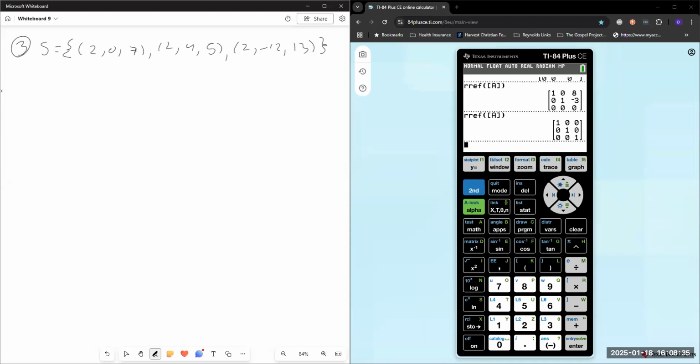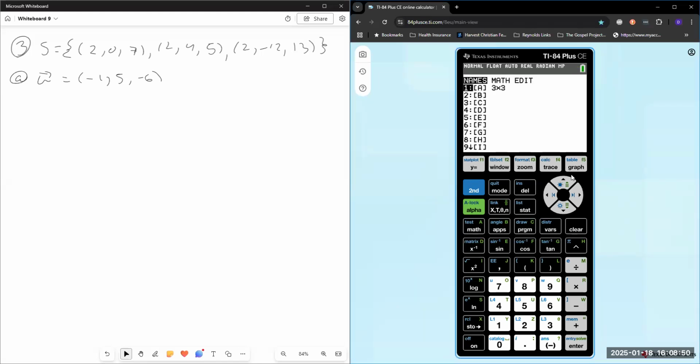So let's start off with A. Part A says U equals (-1, 5, -6). So we'll get a new matrix here, and this is going to be 3 by 4. You go ahead and write the matrix out before I put it in the calculator.